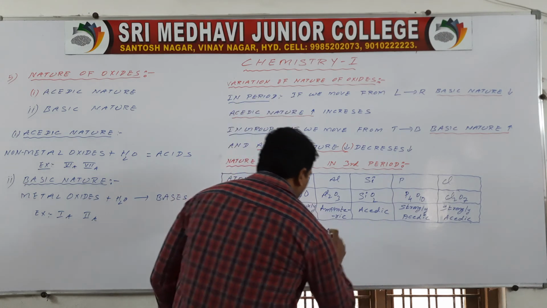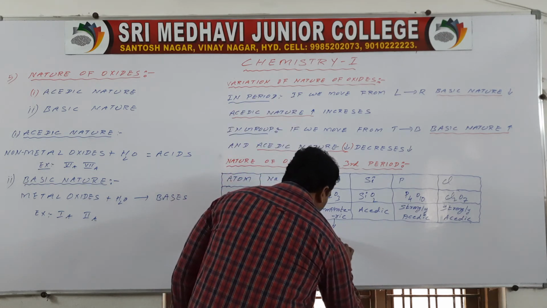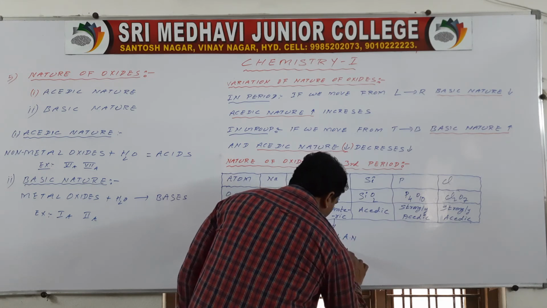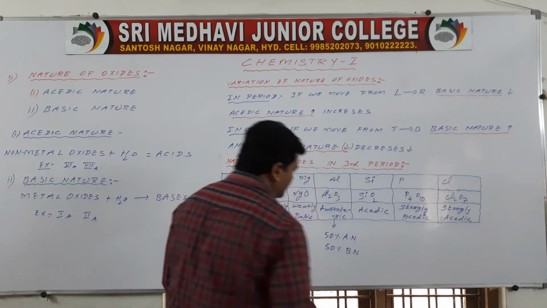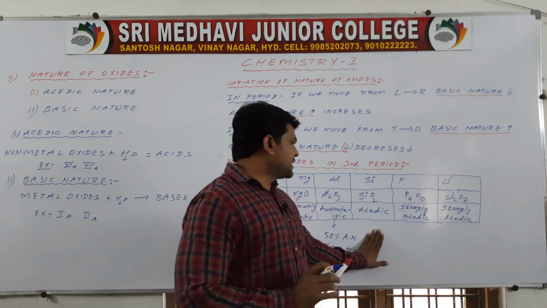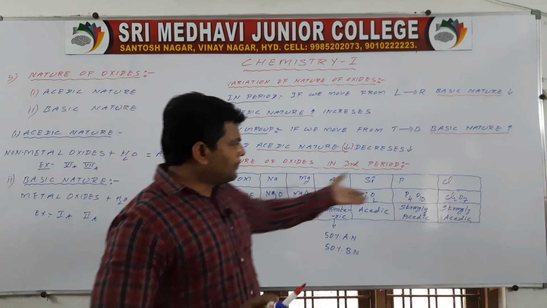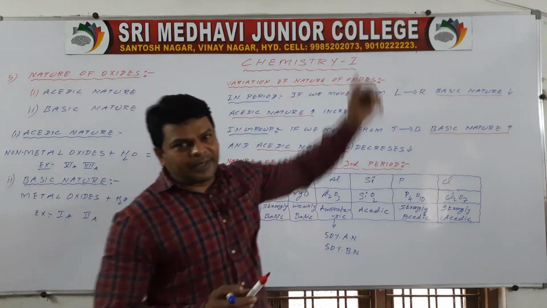Amphoteric means 50% acidic nature and 50% basic nature. So basic nature decreases and acidic nature increases across the period.